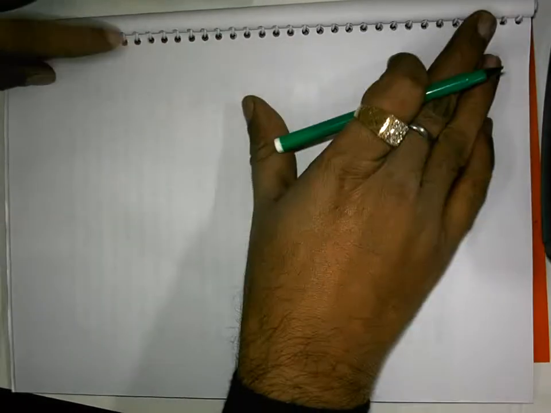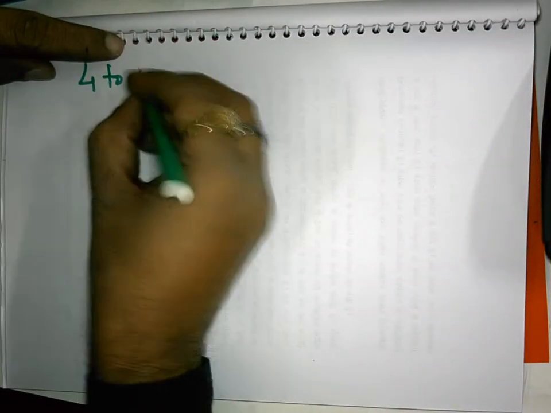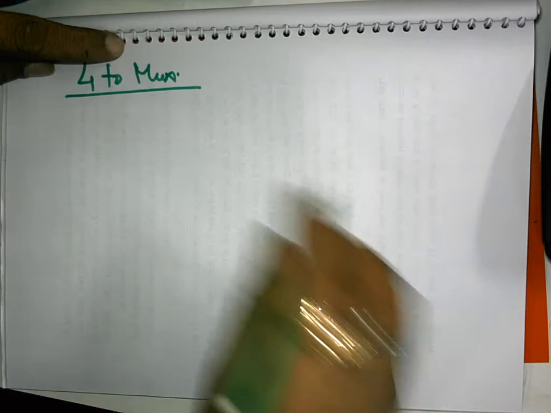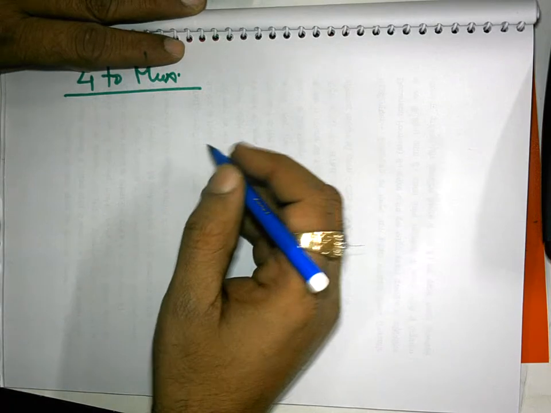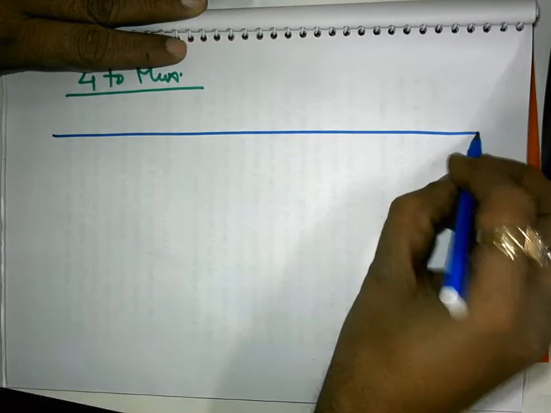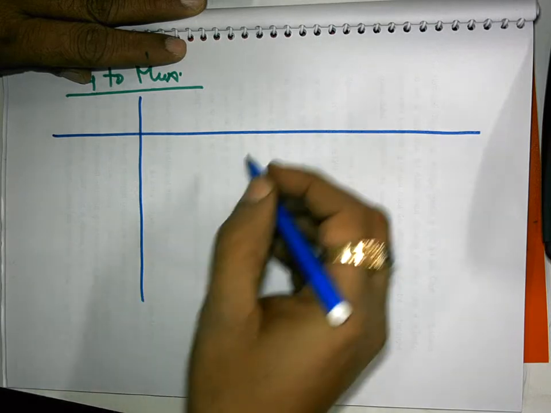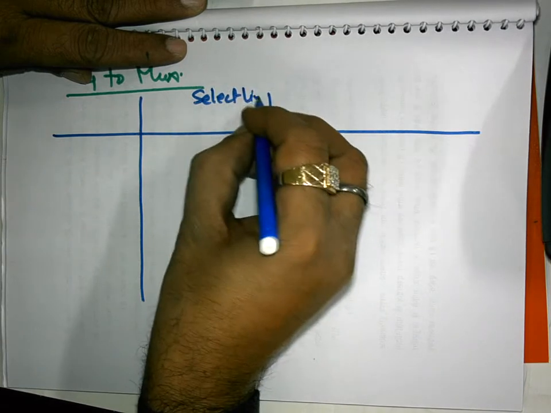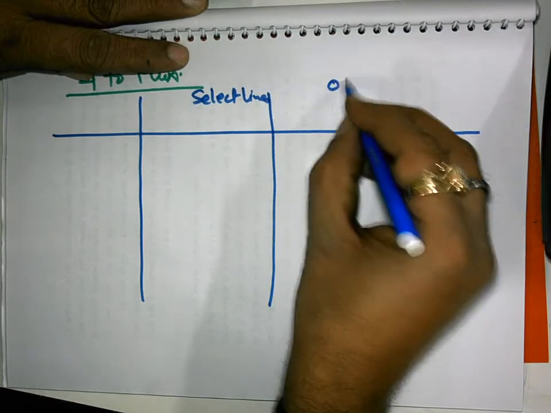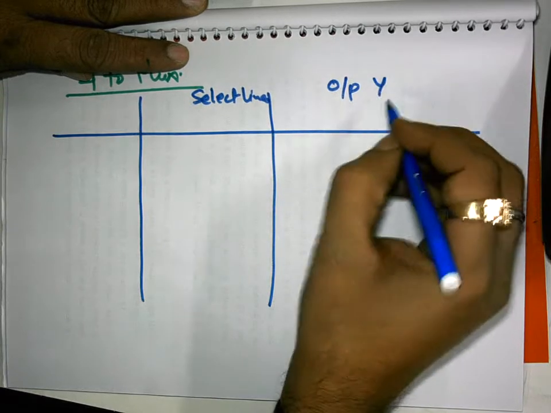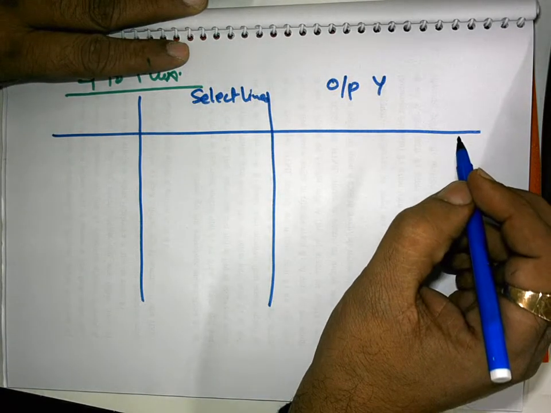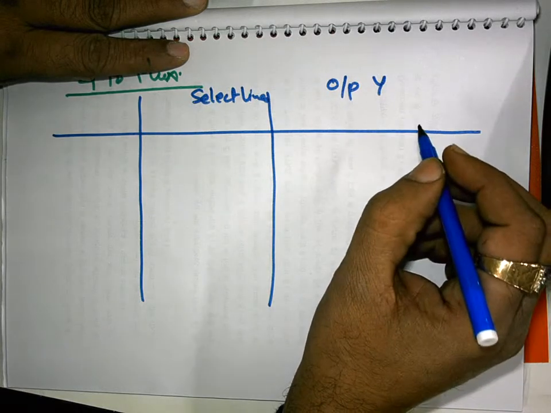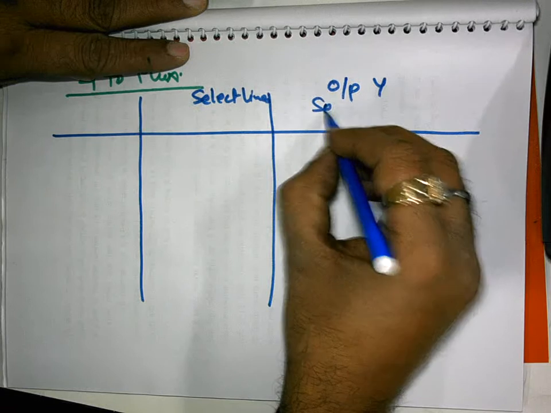So let us design a 4 to 1 multiplexer this way. We have select lines and we have the output in the form of Y, and the output is nothing but the selected input.